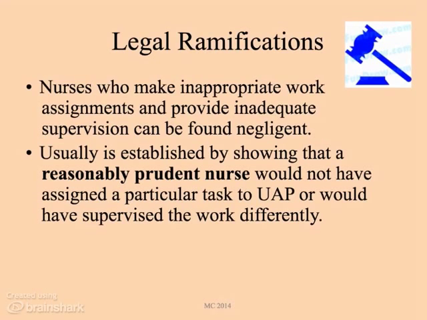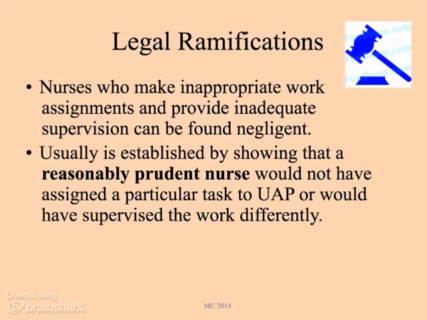Now, the standard that's used is what we call the reasonably prudent nurse. So in other words, this would be, what would the nurse with a similar background and education do under these circumstances? So let's take a really ridiculous example. Let's say that you had the UAP push IV Lasix on your patient.